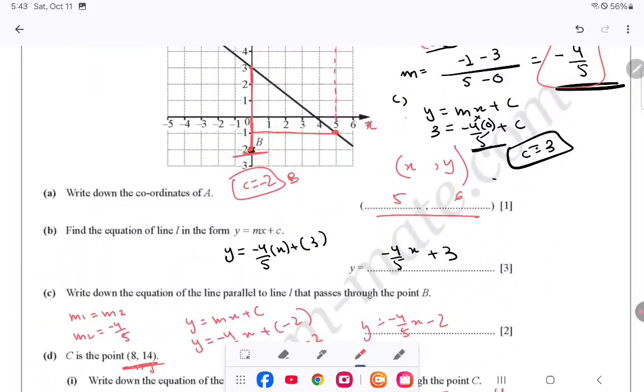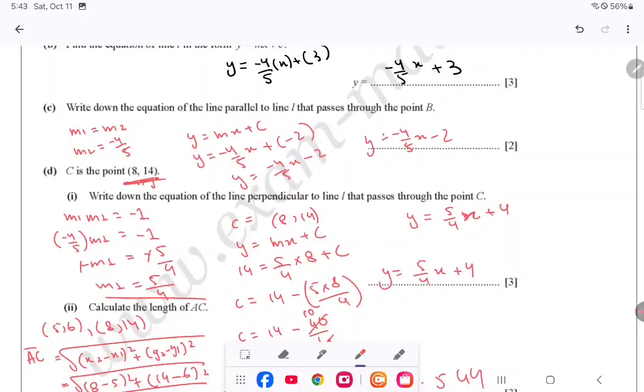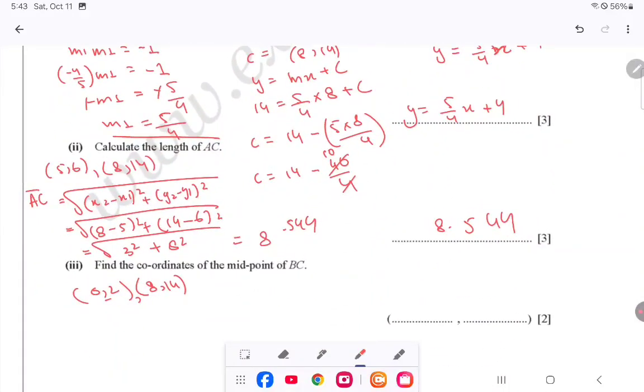Here x is 0, y is negative 2, and C is given. For the midpoint, again we use the formula (x1 plus x2) over 2, (y1 plus y2) over 2.